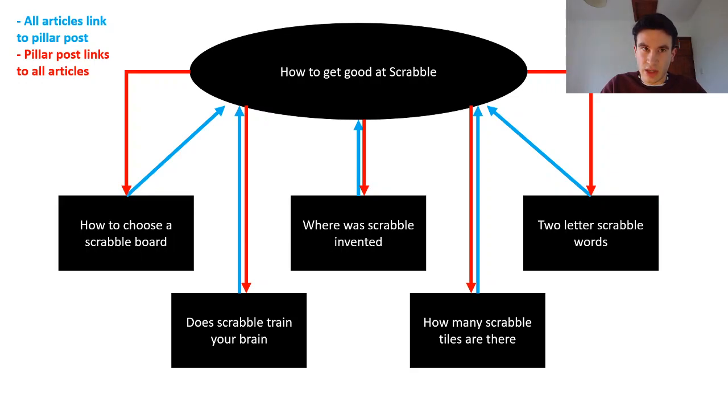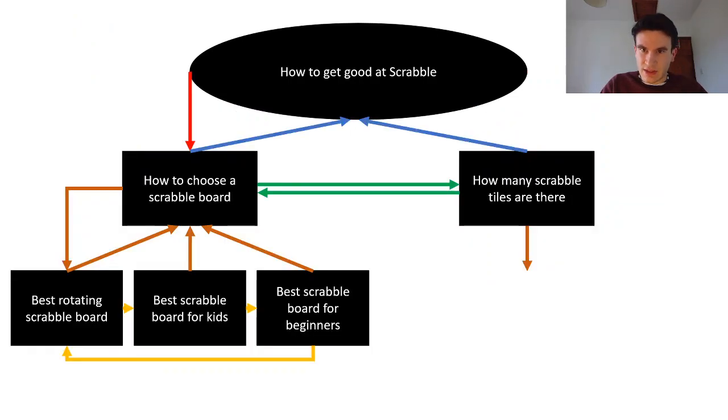And I've seen people like HubSpot and Ahrefs mention this internal linking structure. The way I'm doing it on my site is slightly different, because rather than just having stable posts and one pillar post in a silo, I'm having a few different levels in each silo.